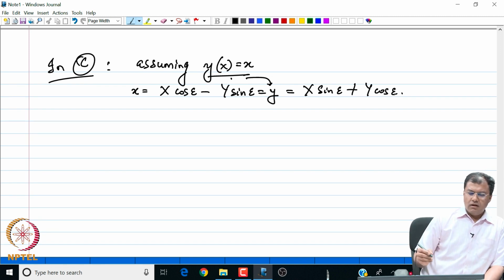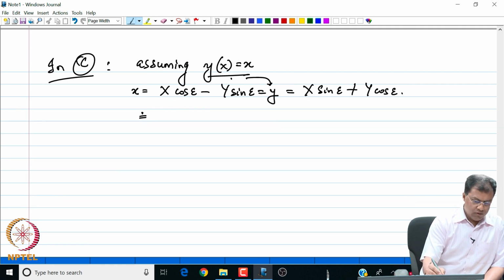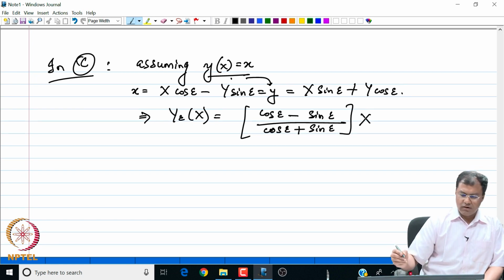So, x is this and y is this. From here I can find y as a function of X. I see that y epsilon of X is cos epsilon minus sin epsilon divided by cos epsilon plus sin epsilon, times X.